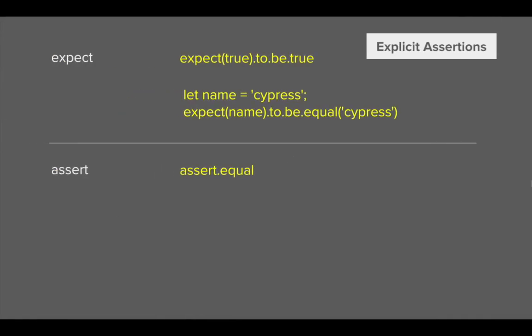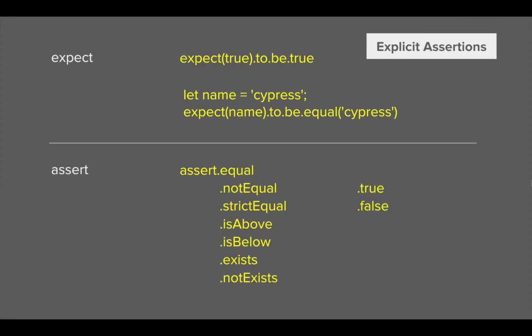So we have the assert command, and as I told you, you can use assert equal, not equal, strict equal, is above, is below, exists, not exists, true, false, is string, not a string, is number, is not a number, and so many other things we can check with the assert command.